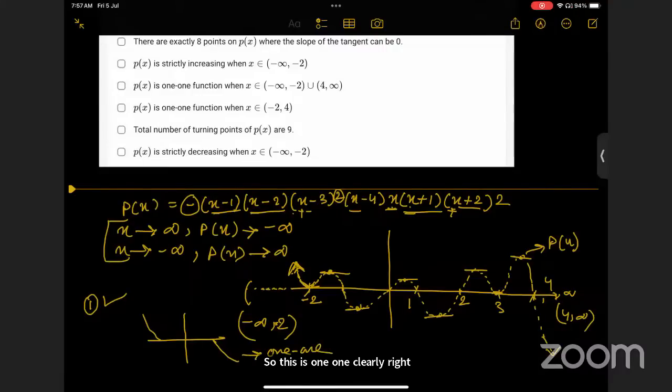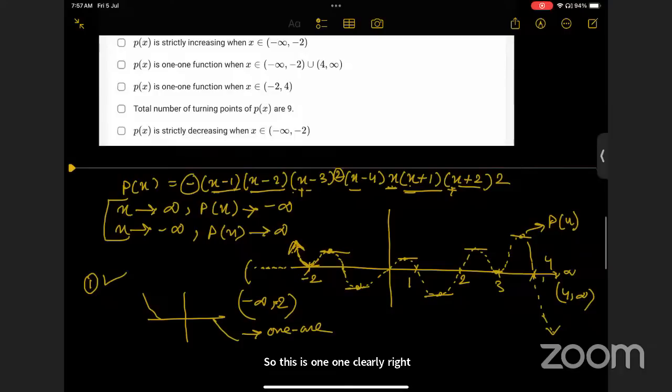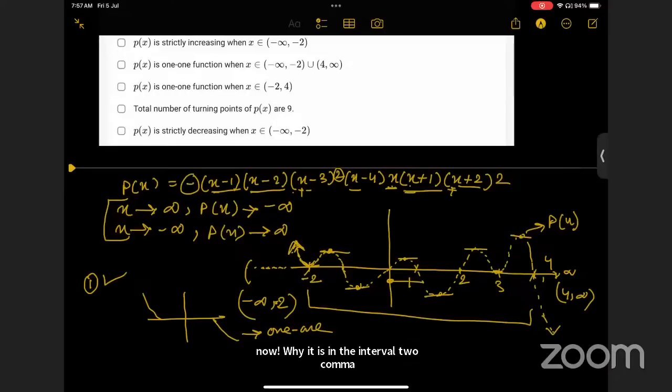Option 3 is also right. Now, when it is in the interval 2, comma, 4, this is not 1-1 because we can see for here. So option 4 is wrong.